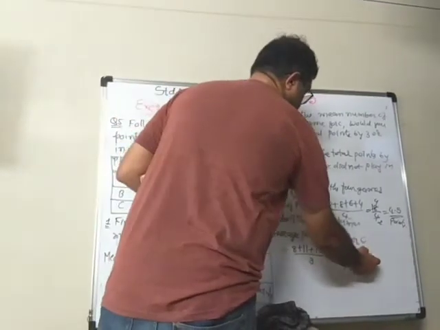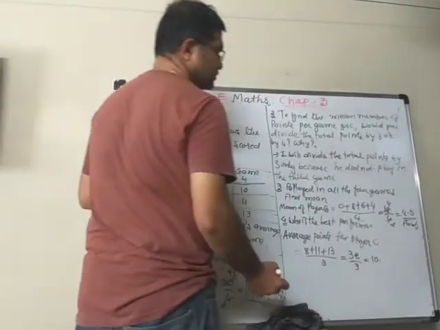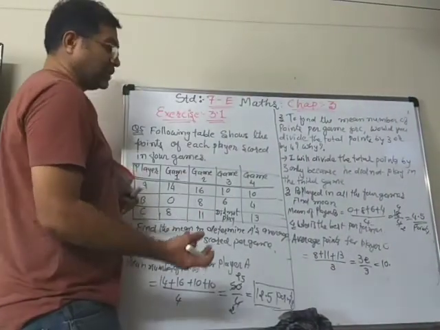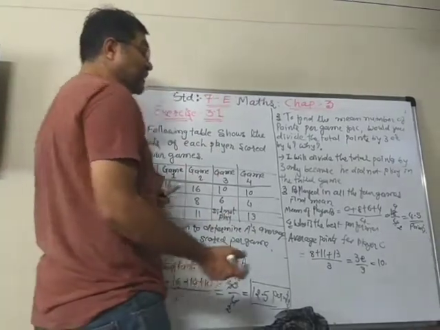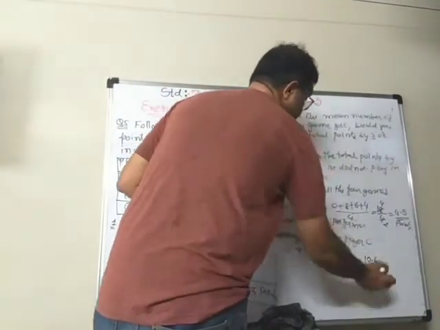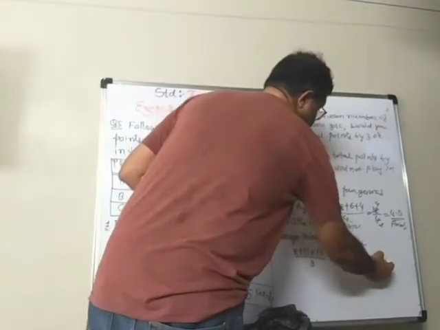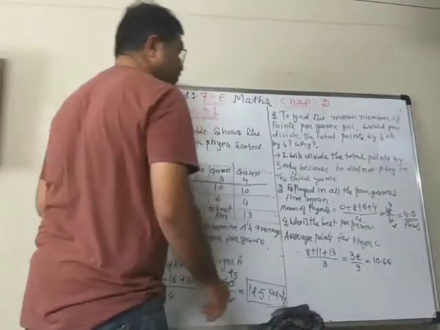Then 0. 3 fours are 12, 3 fives are 15, 3 sixes are 18. Again 3.66. It is going on.